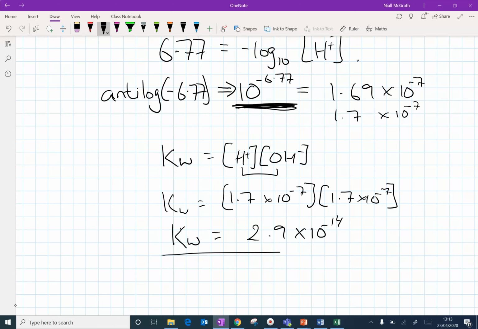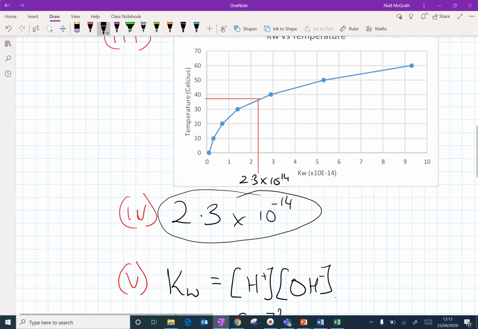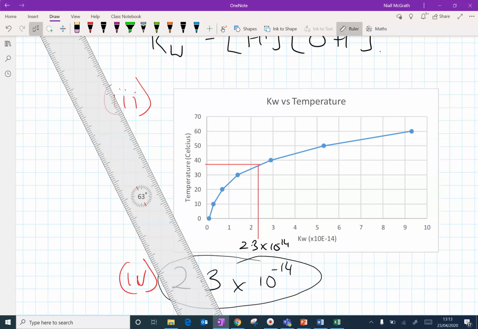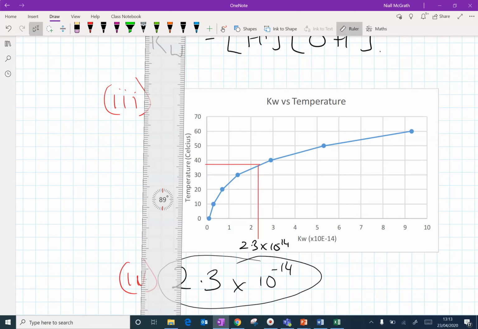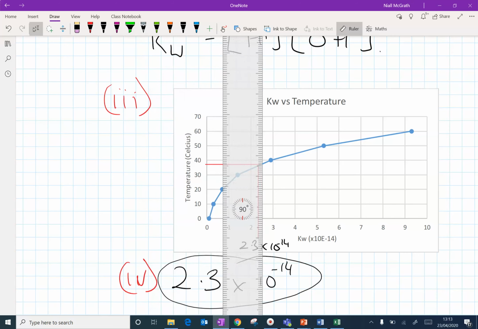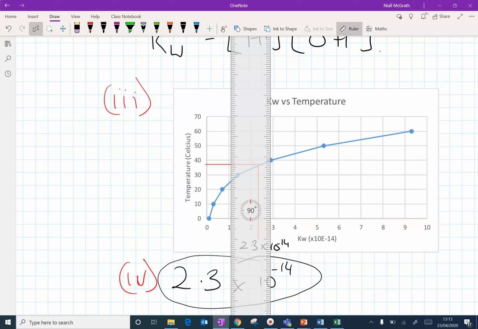And we have Kw, so now off our graph we can find our temperature. We have to go to 2.9 by 10 to the minus 14. So if we go to 2.9, it's going to be about there. Draw a line straight up.